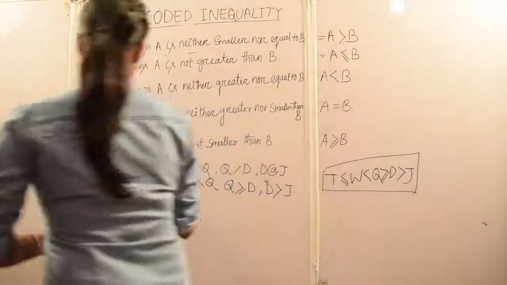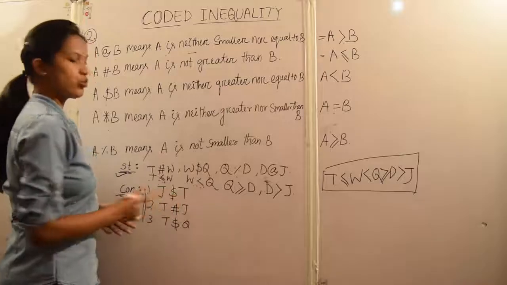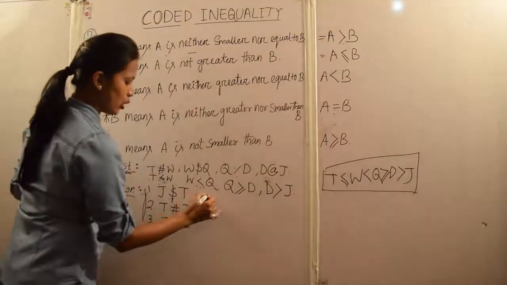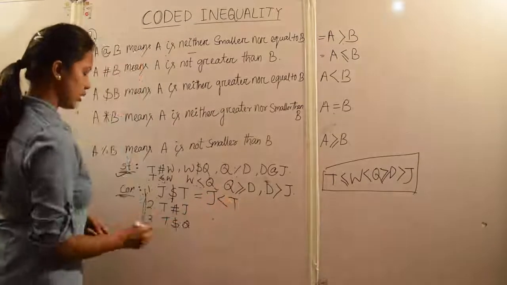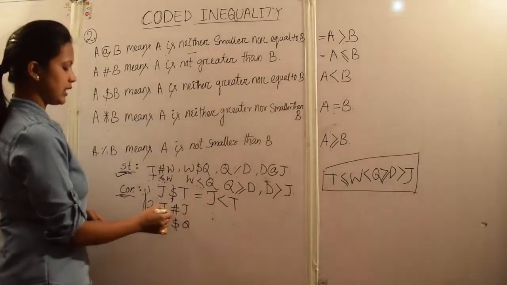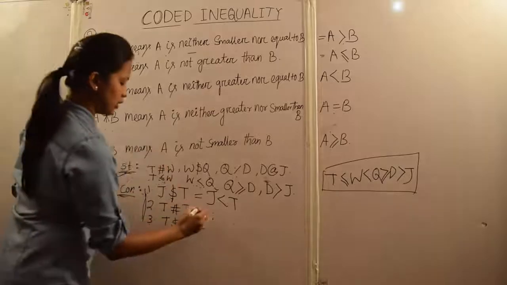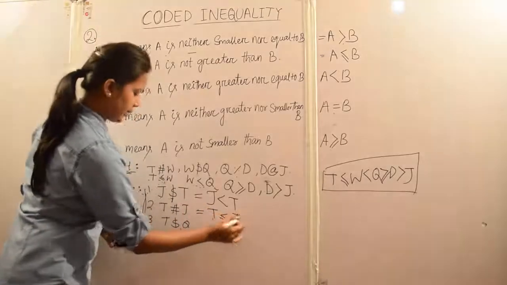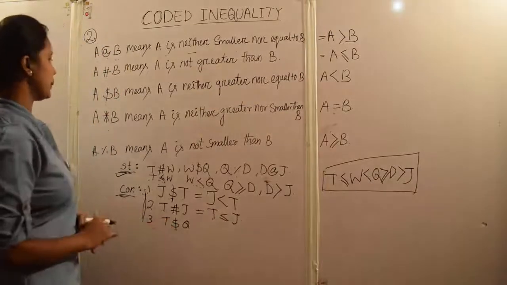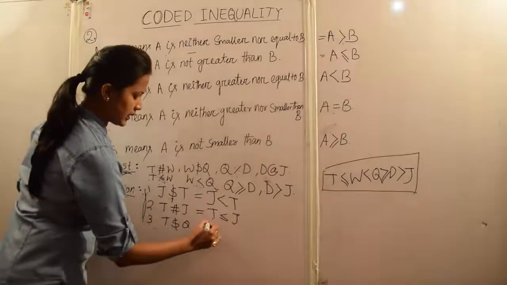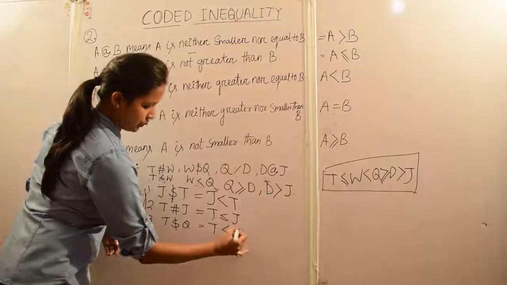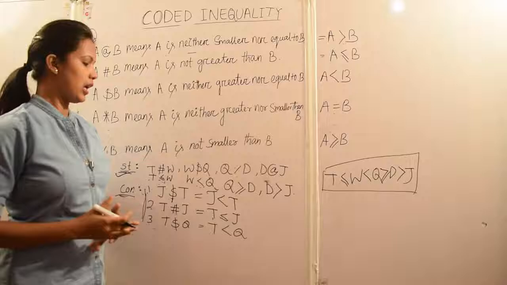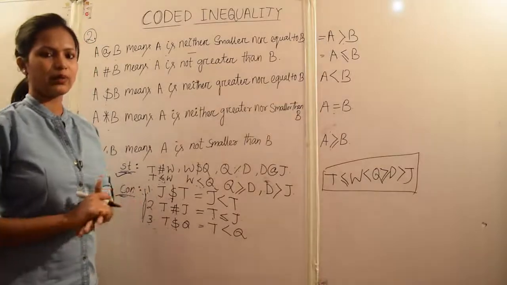Then coming to the conclusions, we will replace the symbols with the inequalities, that is dollar represents the less than symbol, so we will write J less than T. Then the second conclusion, T#J, where hash represents the less than or equal to inequality, that is T less than or equal to J. Then in the third conclusion, dollar represents the less than inequality, that is T less than Q. So now we have replaced the symbols in the conclusions, and we will derive the conclusion from the statement.